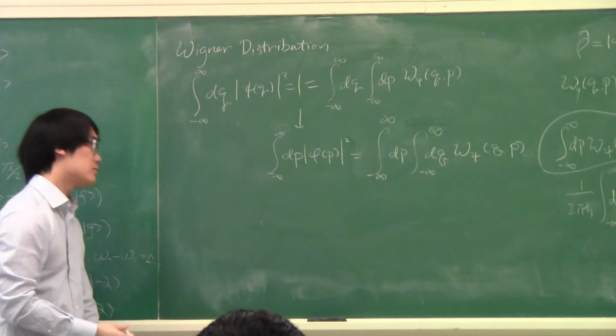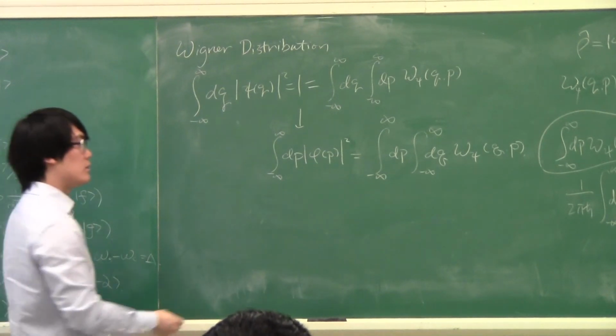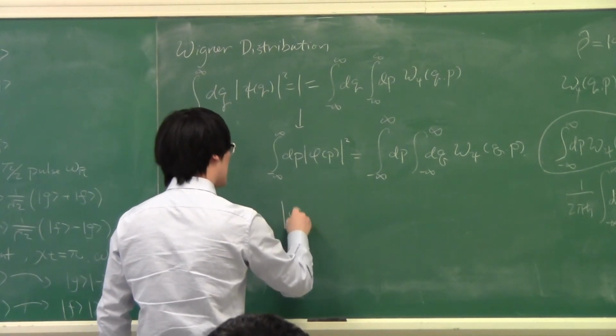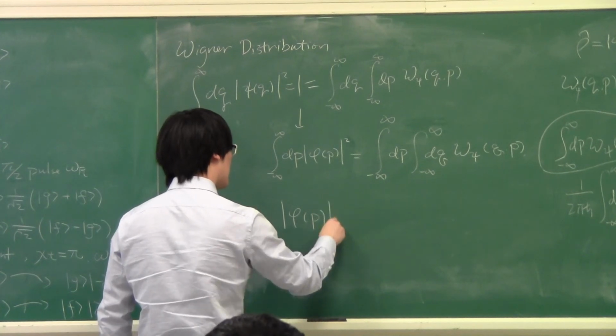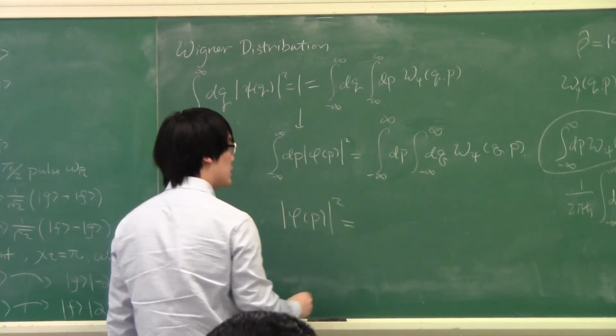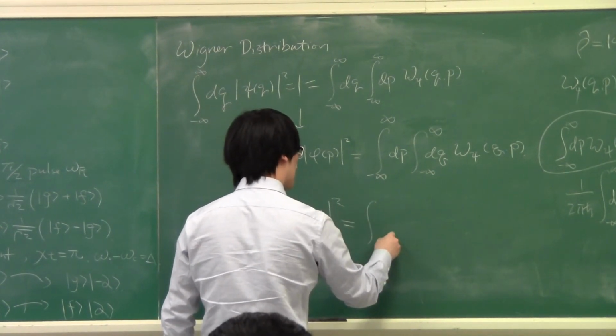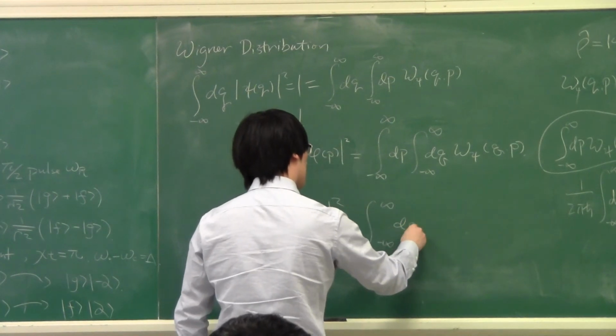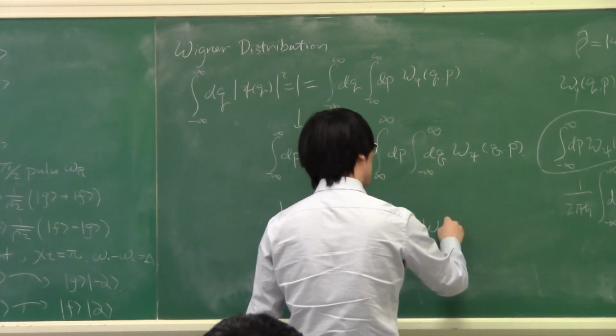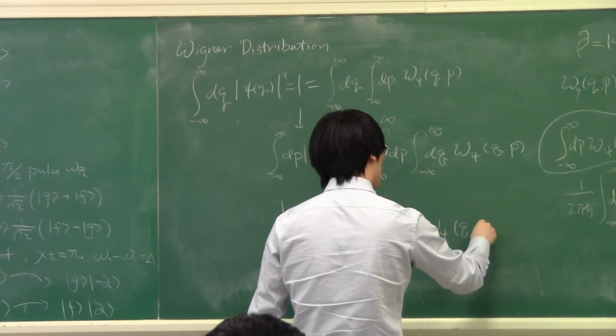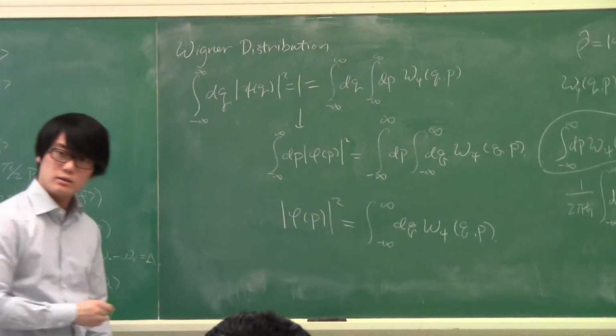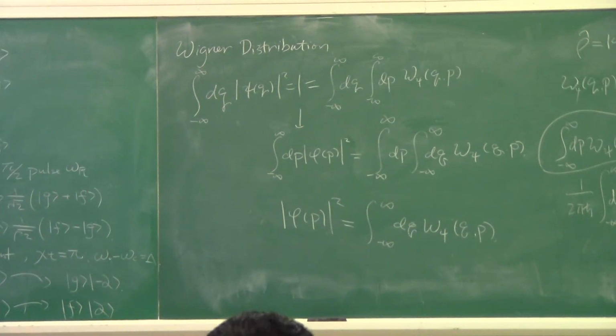So we can match terms and say that phi of p squared is equal to the integral over q of the Wigner function. Correct? So the Wigner function is some kind of joint probability density function between the variables q and p.